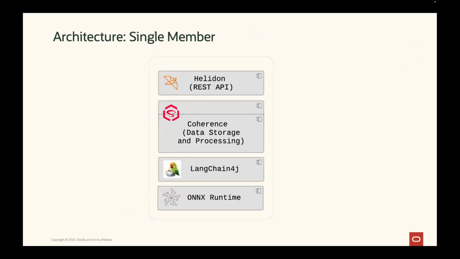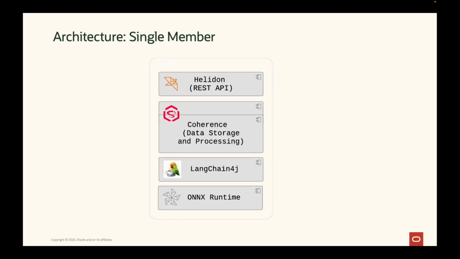So this is what a single JVM might look like. You can have basically the RAG application leverage the Onyx runtime for the embedding model, LangChain4j for the integration with the LLM, Coherence as the vector store, Helidon to provide the HTTP wrapper and the ability to make requests and receive requests via REST.